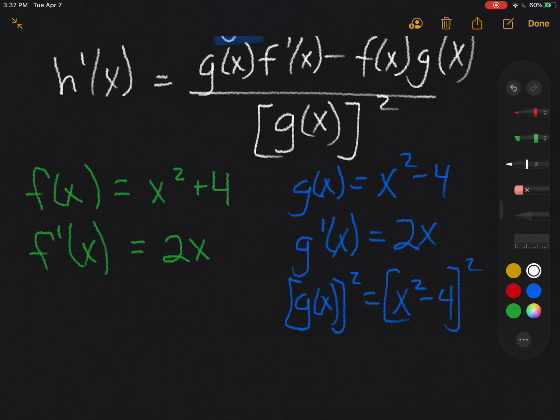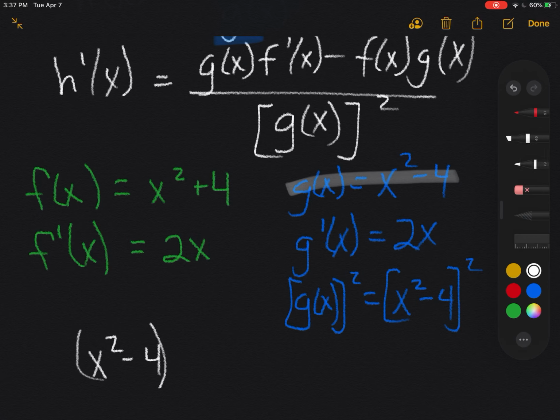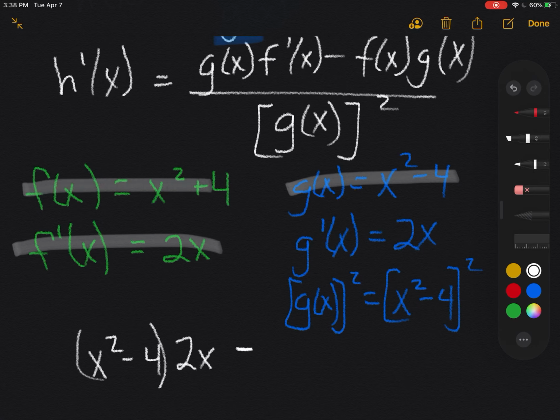So now I'm going to use all of these little pieces that we have to figure out what the derivative of this function is. I'm going to plug them in. So my quotient rule says first comes g of x. Here's my g of x. So first comes g of x, x squared minus 4. Next comes f prime of x. There's my f prime of x. So that's what I put.